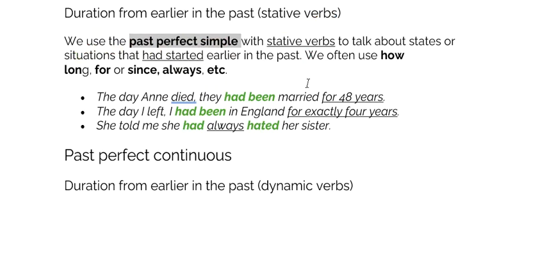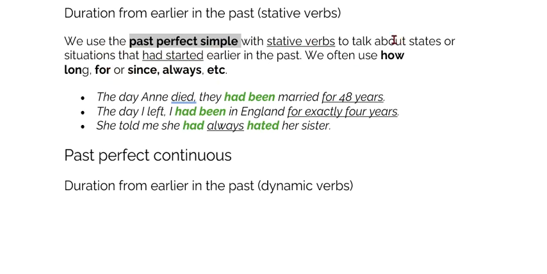We use the past perfect simple with stative verbs to talk about states or situations that had started earlier in the past. We often use how long, for, since, always, and these kinds of adverbs.